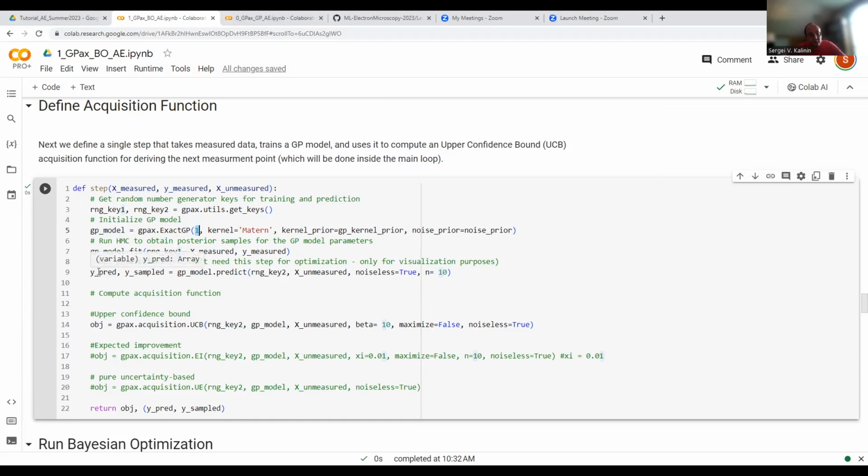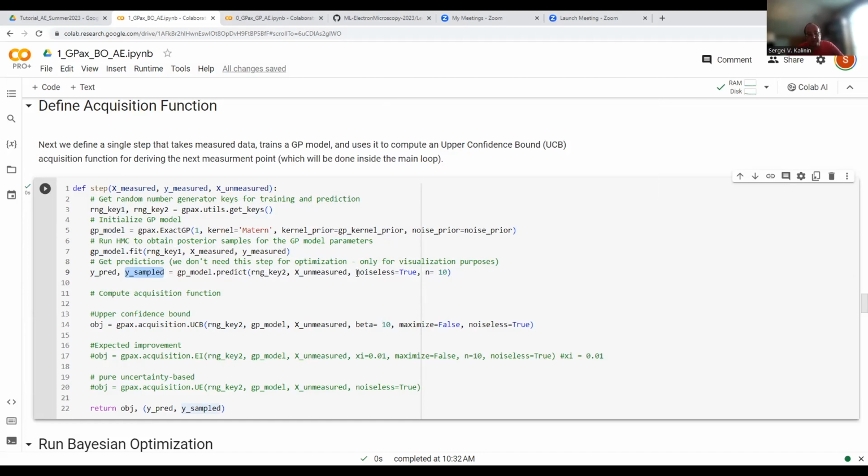As the prediction, we give the average and the sampled, so several posterior functions, and we define them on the X unmeasured. So we make the predictions for the unmeasured points. Notice that we have also an argument noiseless true or false. True means that we provide the output without noise. False would be that we also add the noise.